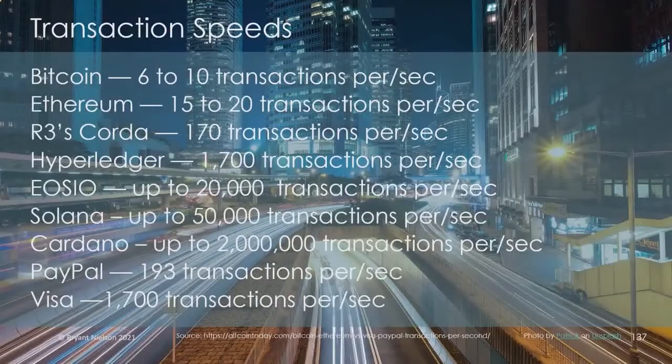Or something else, Visa. I tried to look up what their cap rate was a number of different times, and the one number that almost consistently came up is they have a capacity of about 1,700 transactions per second, which is about similar to what Hyperledger Fabric does.